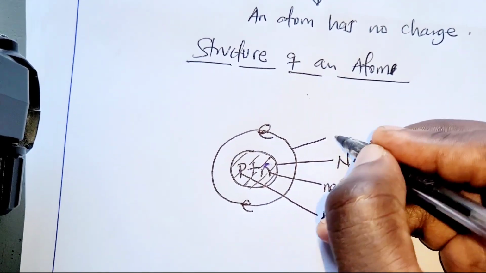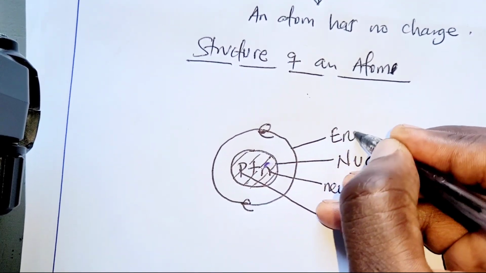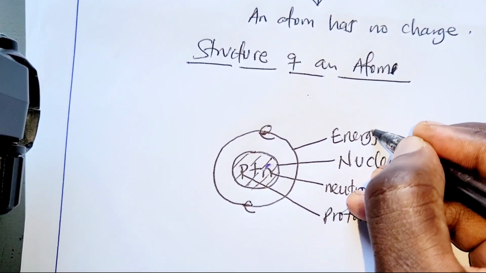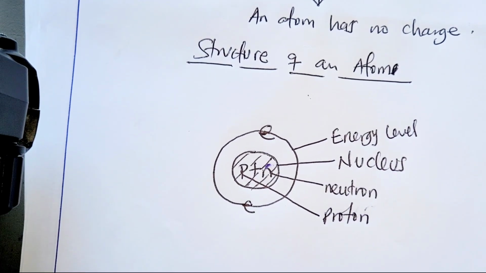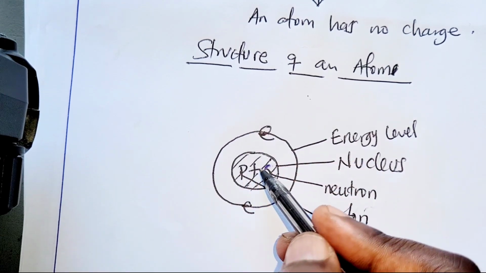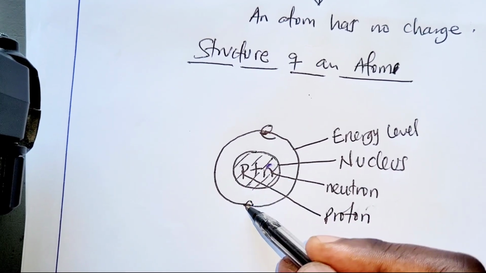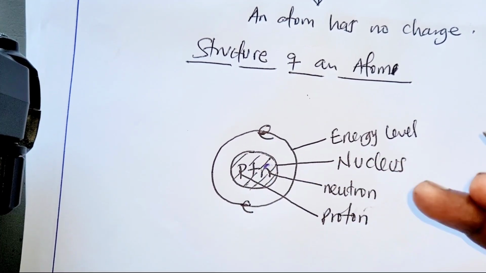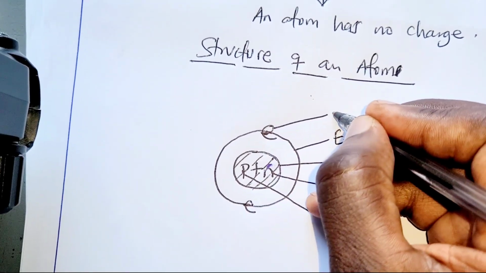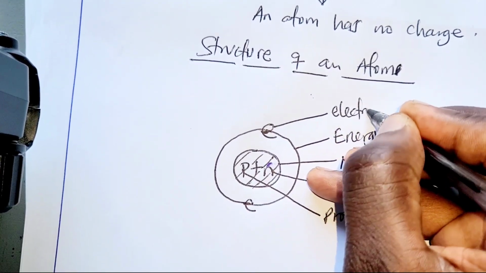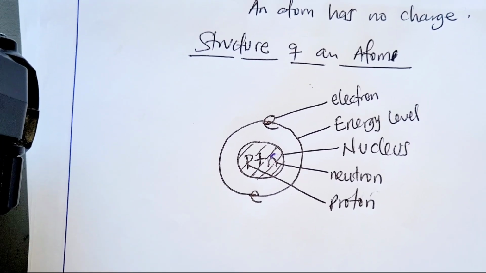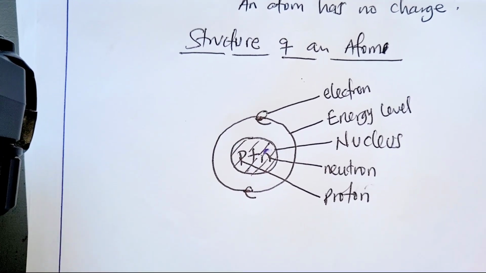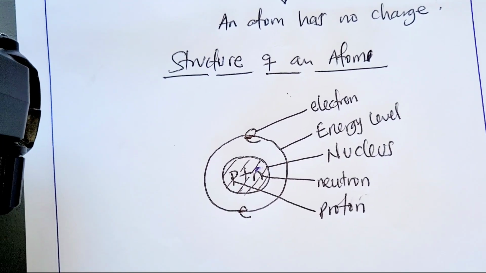But this one is the energy level where an electron is expected to be passing when it is rotating around this nucleus, because electrons are not in one place but keep on rotating around. Then this one here is the electron.